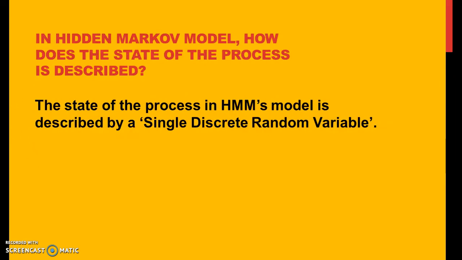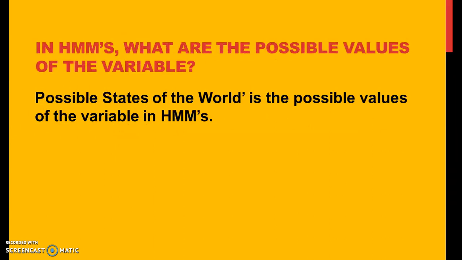In a hidden Markov model, how is the state of the process described? The state of the process in an HMM is described by a single discrete random variable. In HMMs, what are the possible values of the variable?